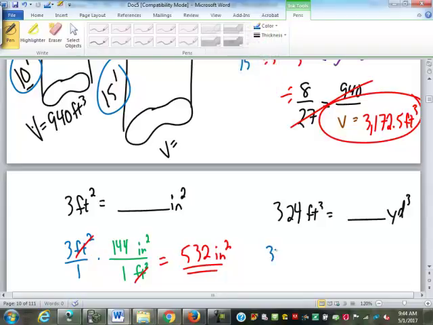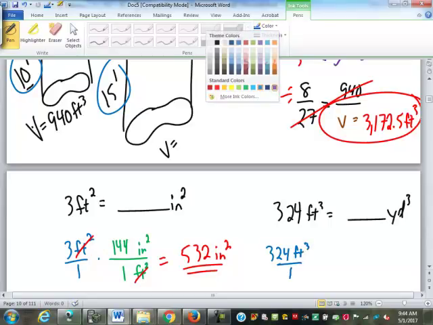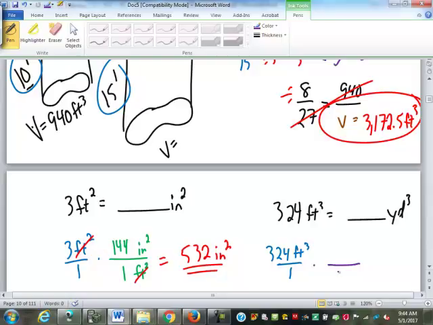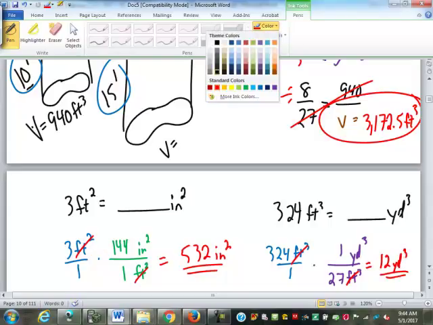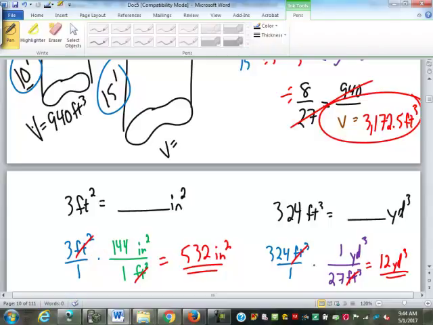We started out with the 324 cubic feet, but our conversion factor was changed. 1 yard is 3 feet, but since it's cubic yards, we had to cube it. 3 times 3 times 3 is 27. Gives us 12 cubic yards. So it's the same concept. When you're dealing with square units or cubic units, you have to adjust your conversion factors.